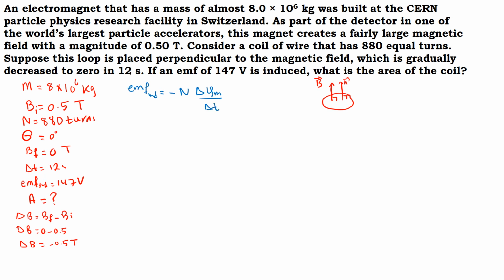The induced electromotive force is equal to minus N, the change or the variation in the magnetic flux over delta T. So EMF induced is equal to minus N. The magnetic flux we replace by its formula, BA cosine theta over delta T. We take the constants out and we keep the variable after the variation factor delta.